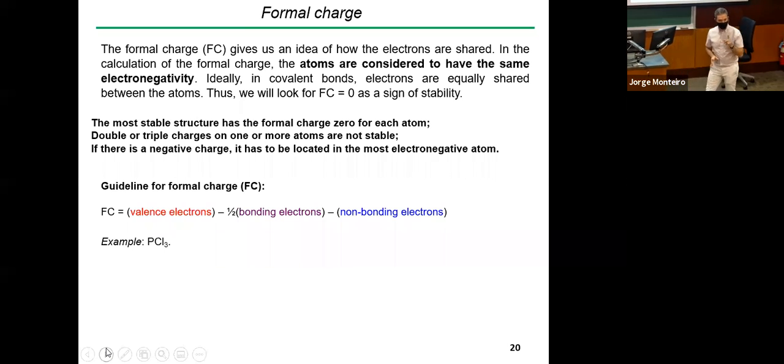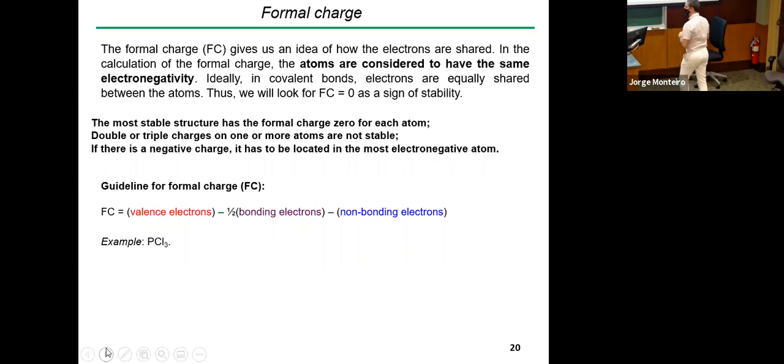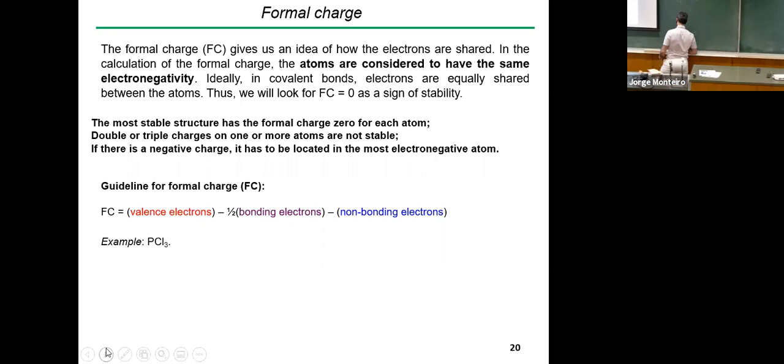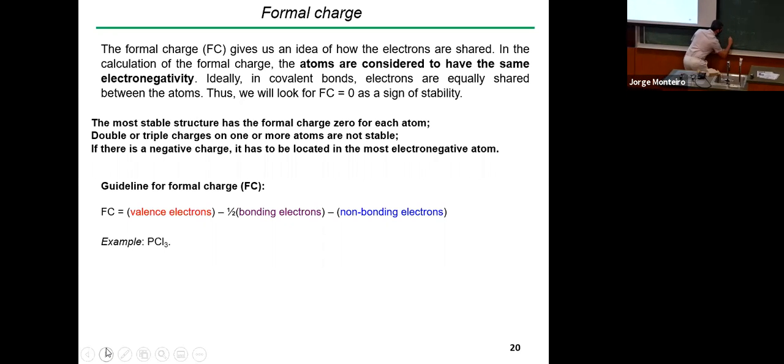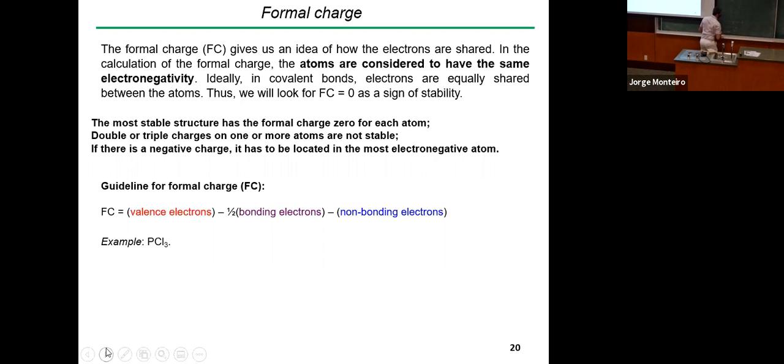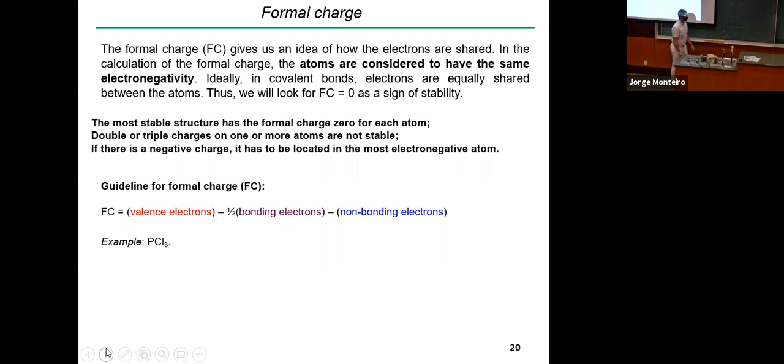Let's look at the sulfur. Formal charge for sulfur started with 6 electrons. There are 4 single bonds, therefore 8 bonding electrons and 0 non-bonding electrons.